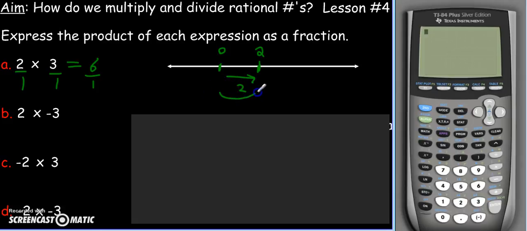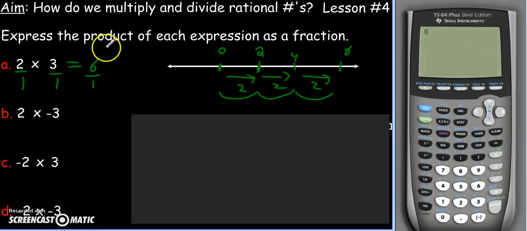So this is one group of 2, another group of 2, which is at 4, and another group of 2, which is at 6. Or to add the same group to itself 3 times. 2 times 3 really means 2 plus 2 plus 2.